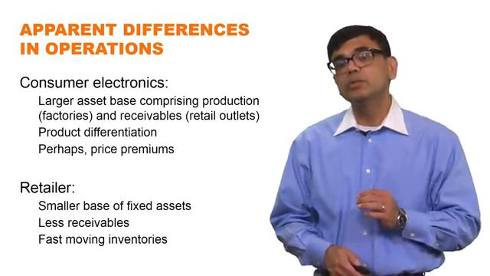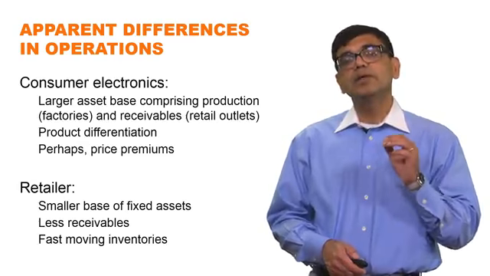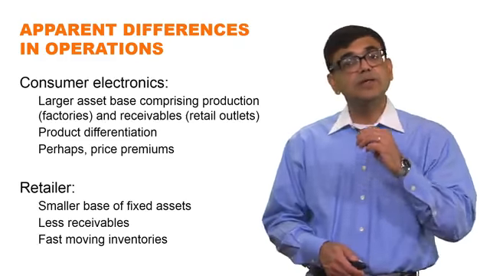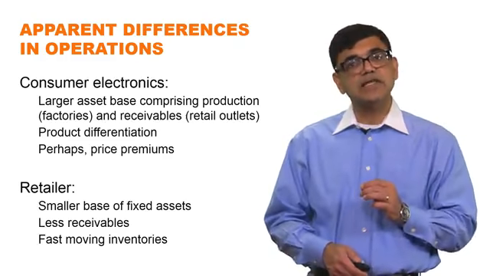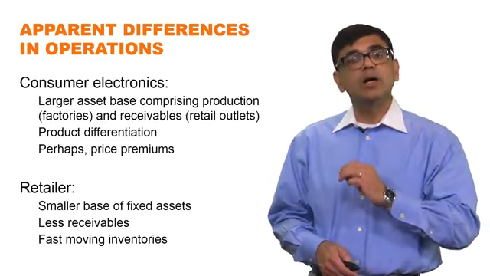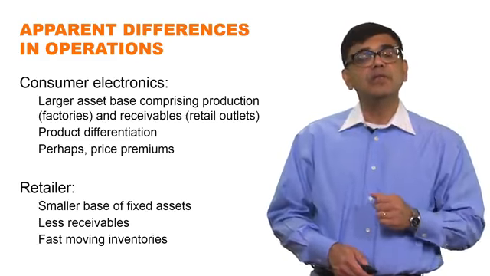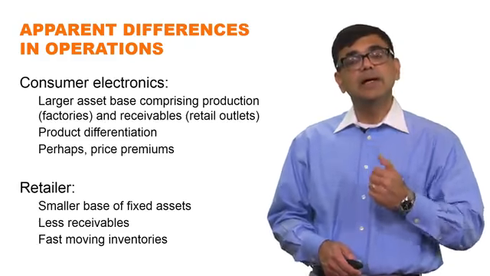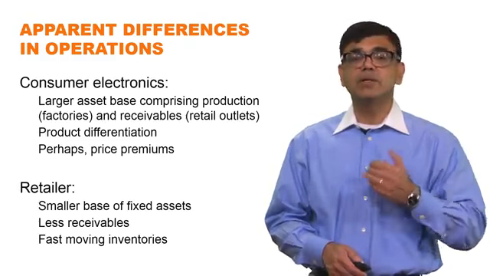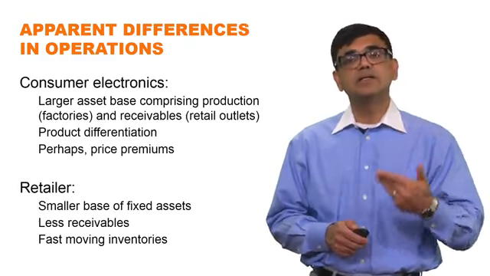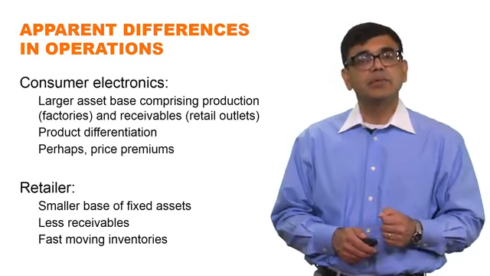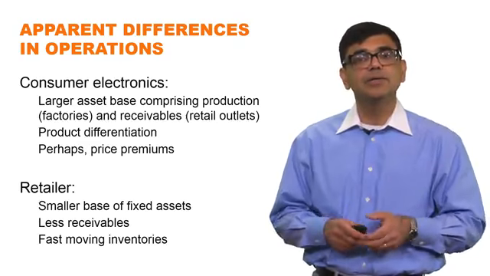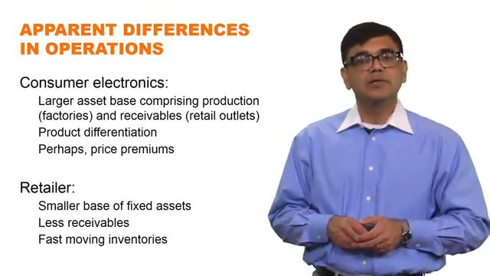What this also tells you is that if you want to compare against the best in other industries, you could think of these two companies as being benchmarks. Walmart for how good your inventory turnover ratio can be. So if that's something you want to emulate, it gives you a benchmark number. And for consumer electronics, the kind of margins that Apple has, if that's a benchmark that you go after, you could be having a much larger return on investment.